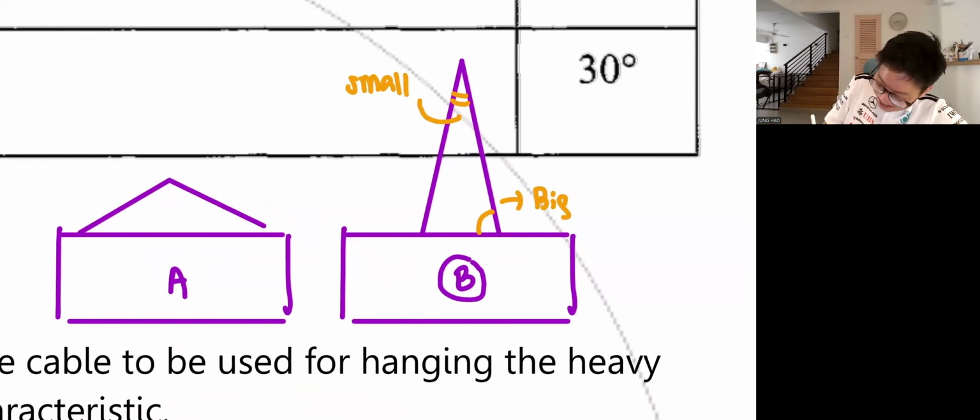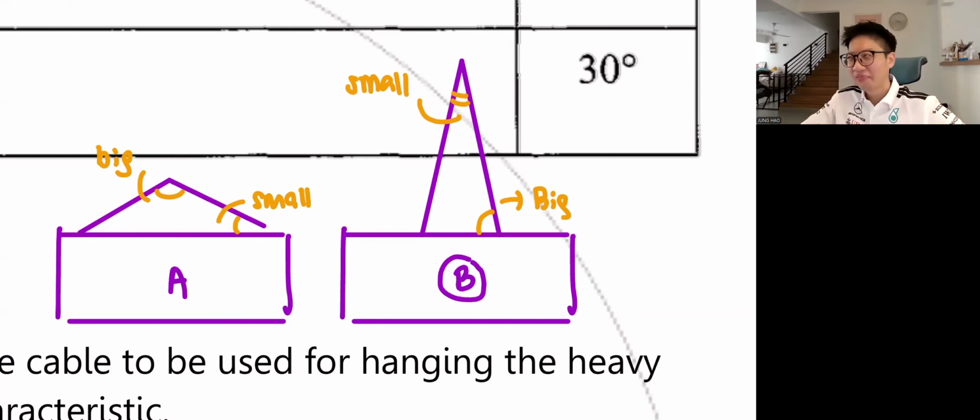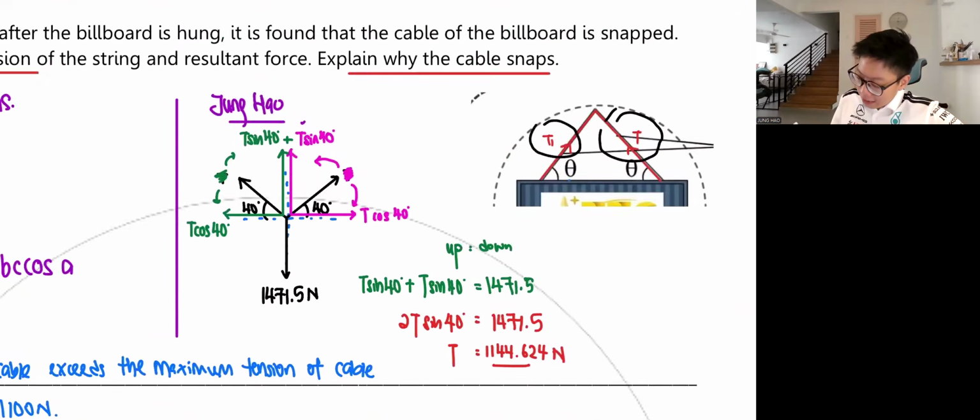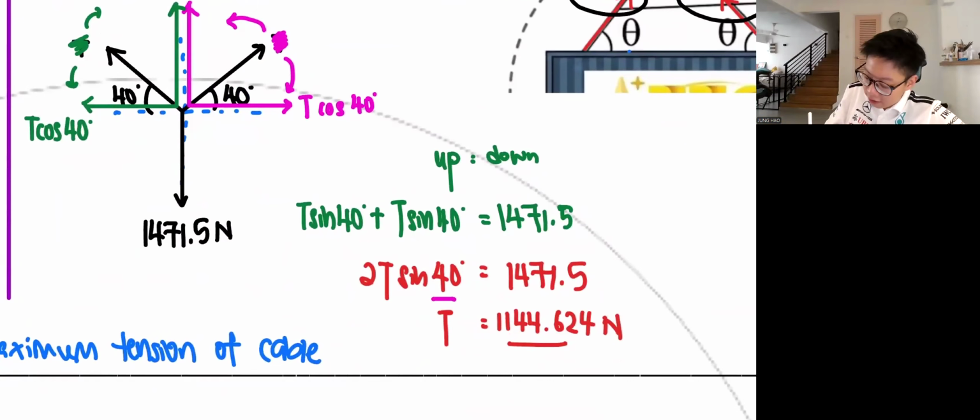Now, therefore, this is going to be small angle, then this is going to be big angle. Remember this, if this angle is big, right? Let's say guys, we just assume lah. Tadi this question was 40-degree, right? Correct.